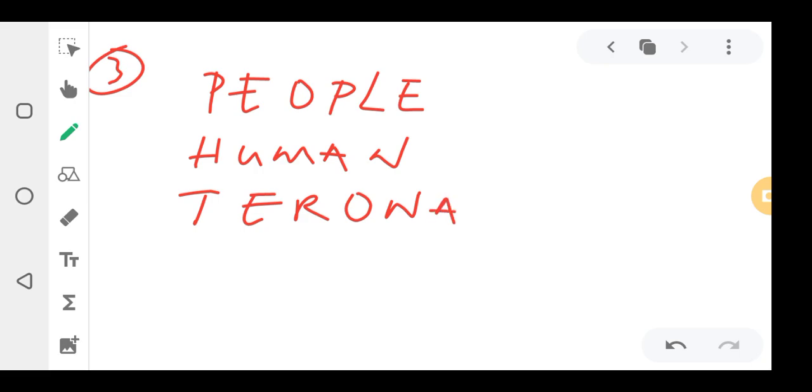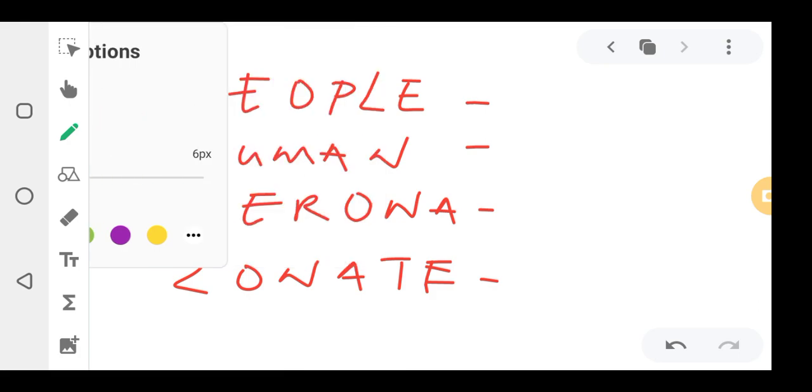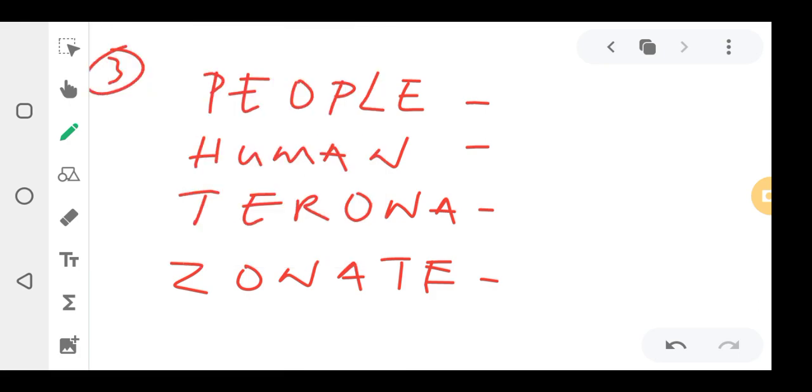Okay, and then, what will be the pattern here, guys? The pattern here, what is the pattern?